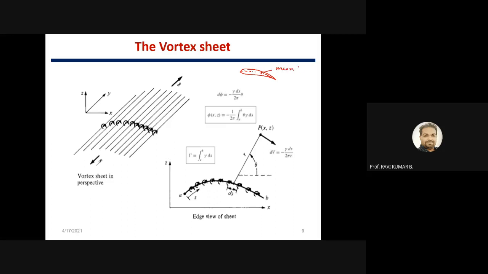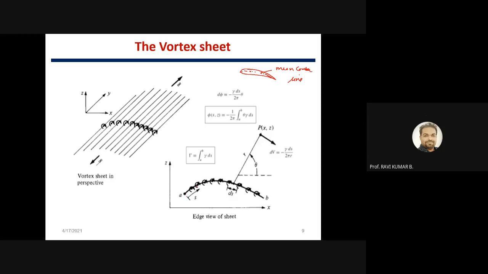So all the circulation will be acting on the mean camber line. Here some amount of circulation will be there, then some amount of circulation will be here. The summation of all these small vortices will give the total circulation around this airfoil. On this mean camber line, you can distribute those small elementary vortices in this way.